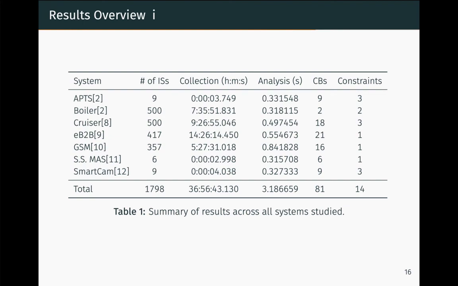By doing this automatic analysis, we're able to go from 1,800 implied scenarios down to 81 common behaviors. So just automatically, we're able to reduce a lot of the elements the user needs to check.